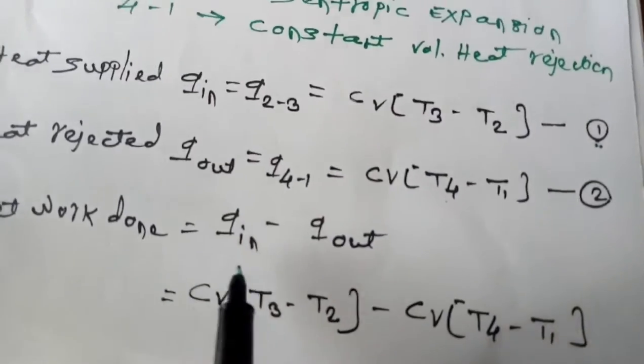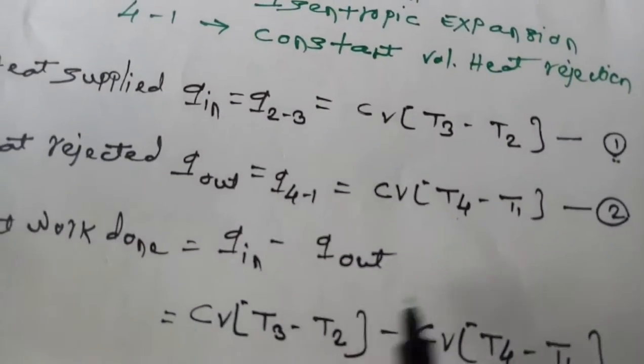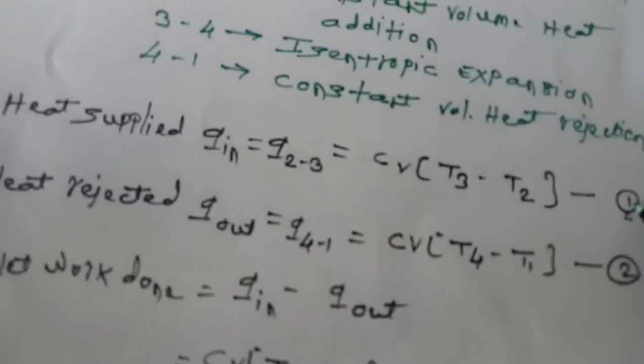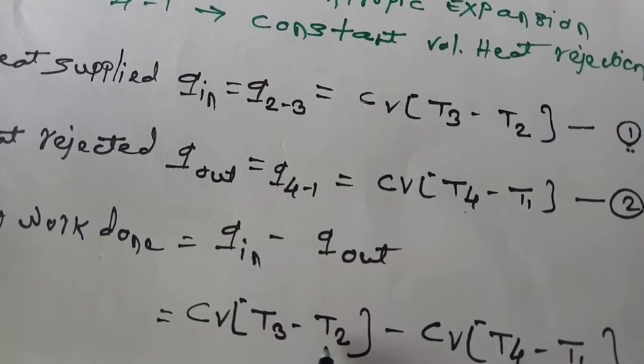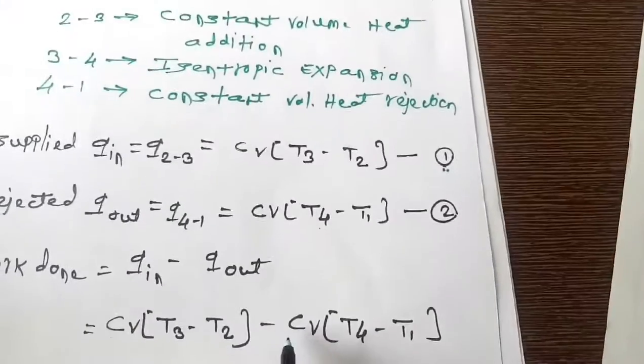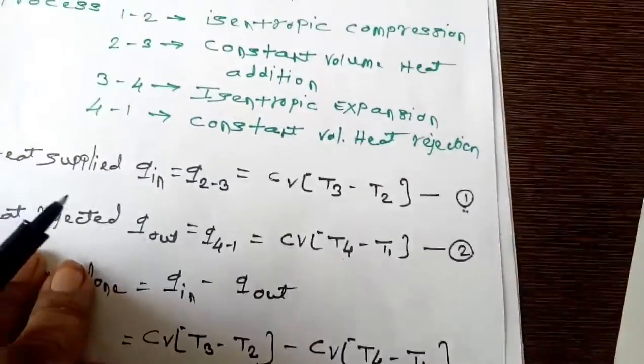So net work done is equal to Q in minus Q out. Just subtract equation 2 from equation 1, we will get Cv (T3 minus T2) minus Cv (T4 minus T1).